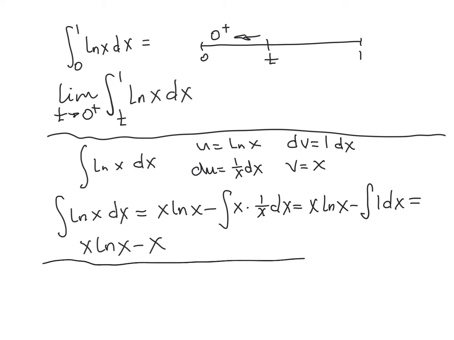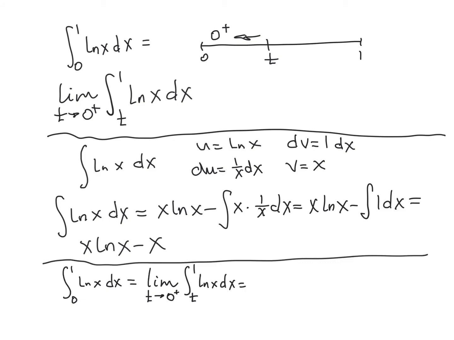And now let's return to our evaluation of the improper integral from 0 to 1 of natural log of x dx. It is equal to the limit as t approaches 0 from the right of the integral from t to 1 of natural log of x dx, which is the limit as t approaches 0 from the right of x ln x minus x evaluated from t up to 1.